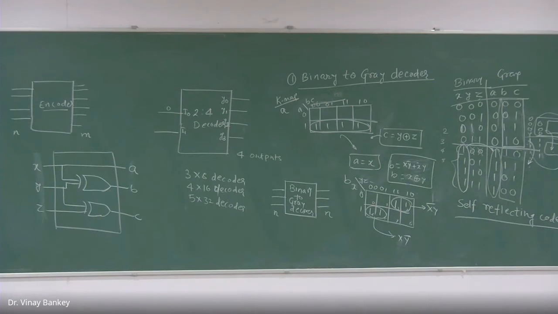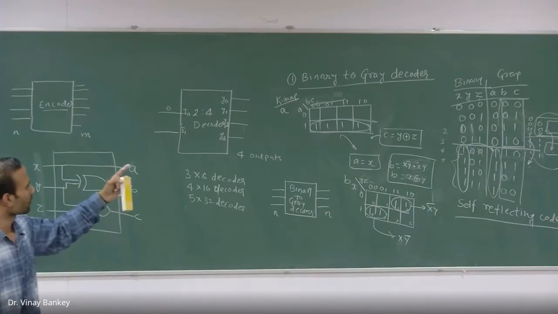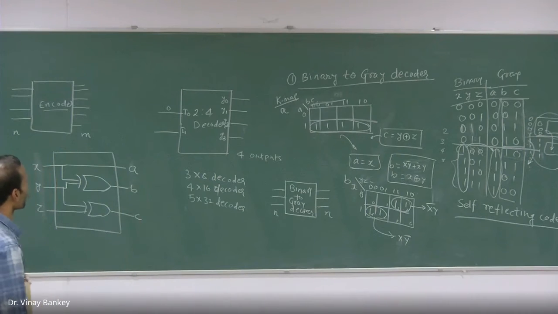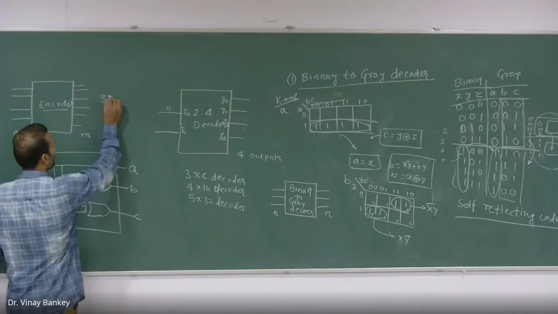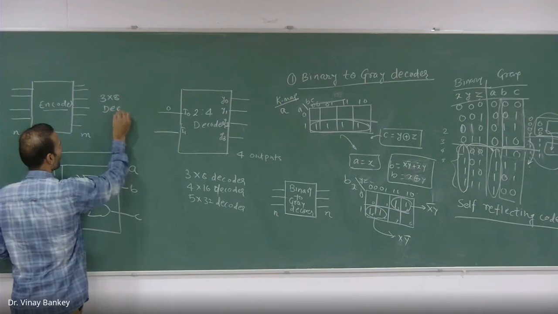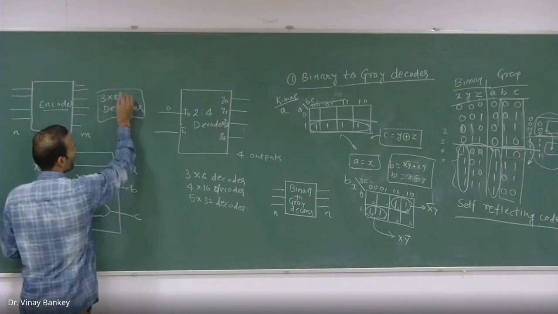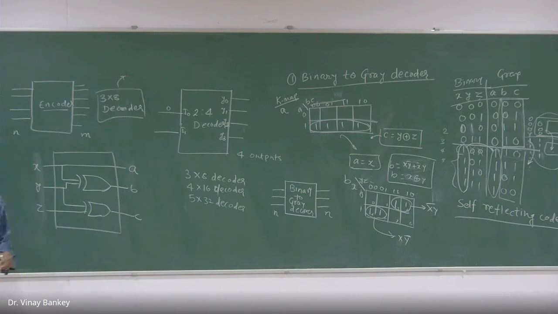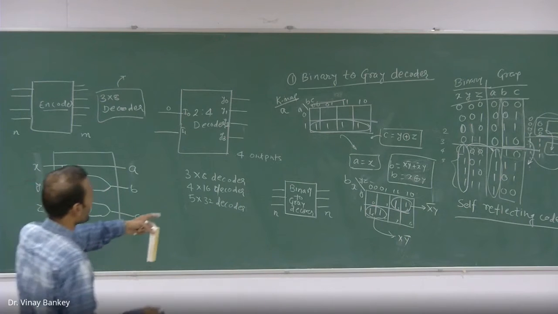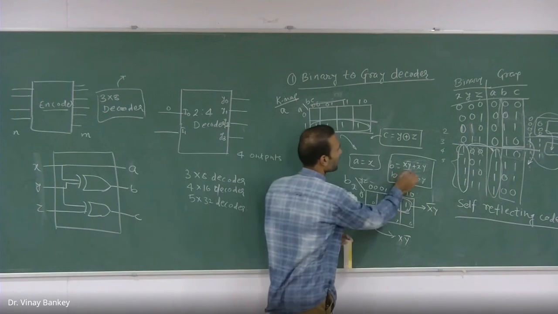If a question comes that implement this binary to gray decoder using a 3x8 decoder, so what will you do? You know that a decoder generates the min terms, correct? And you have obtained the result in terms of what? Min terms.